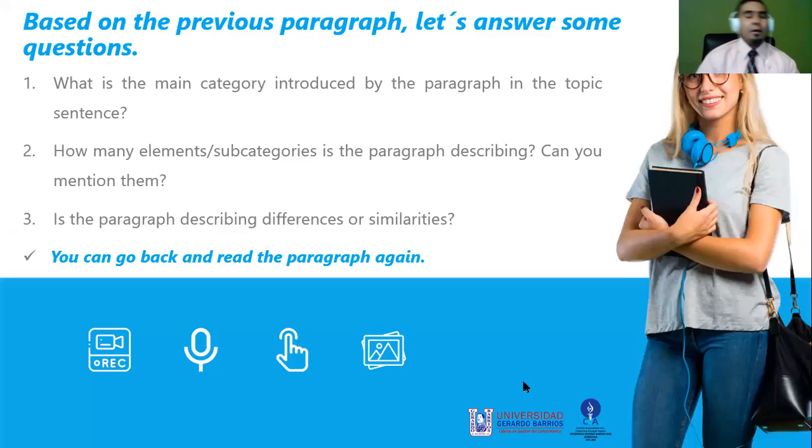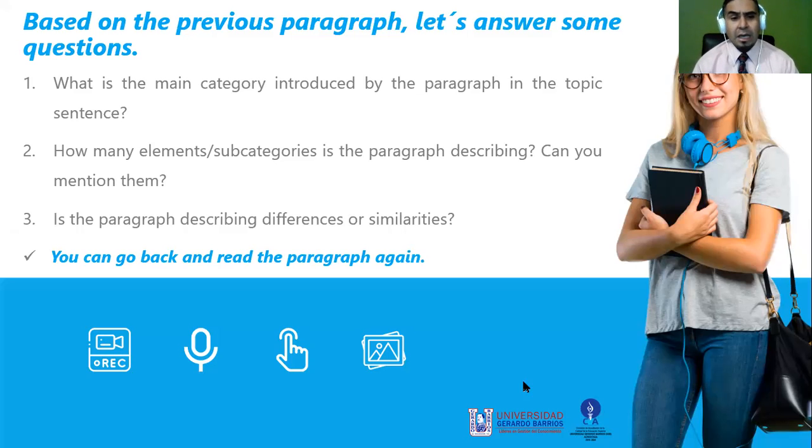Okay, now, based on the previous paragraph, let's answer some questions. Question number 1, what is the main category introduced by the paragraph in the topic sentence? Okay, what is the main category or the main topic? Number 2, how many elements or subcategories is the paragraph describing?